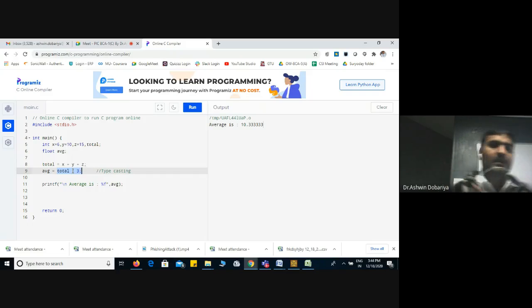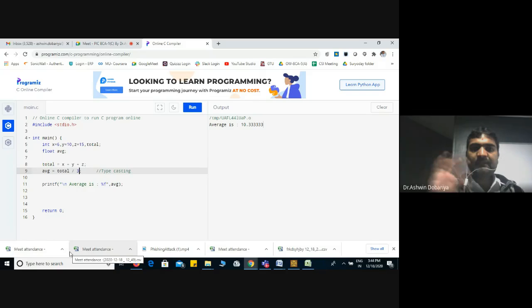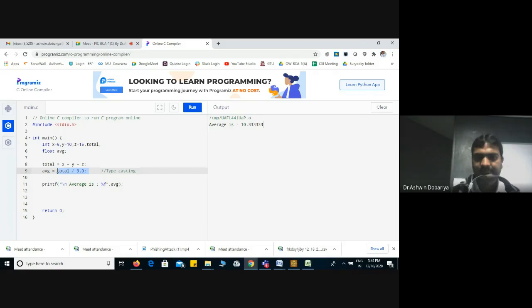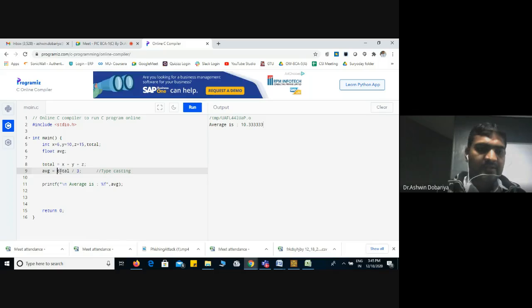Now, suppose you make the value floating, then there is no need for typecasting. See here, one value is integer and the other is float, then definitely it will generate a float answer. So here there is no need for typecasting. But suppose you say, sir, I don't want to make the value float and explicitly I want to convert a variable, then there is a system.